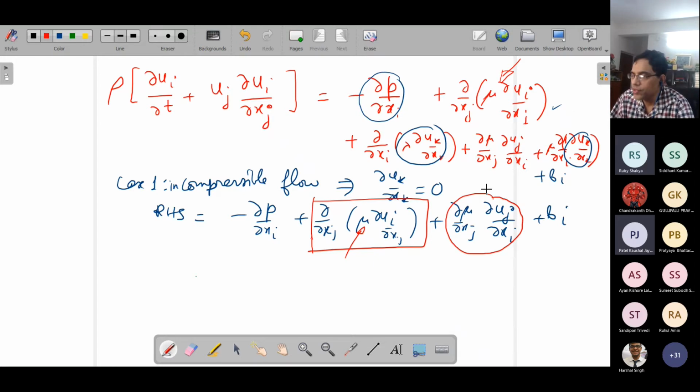Fortunately, in many of the practical situations, this term is not that important as compared to this term. Perhaps in maybe 80%, 90% of the practical situations. But there will always be some cases where this term is also important. And this is where following the derivation of the equation is very important.